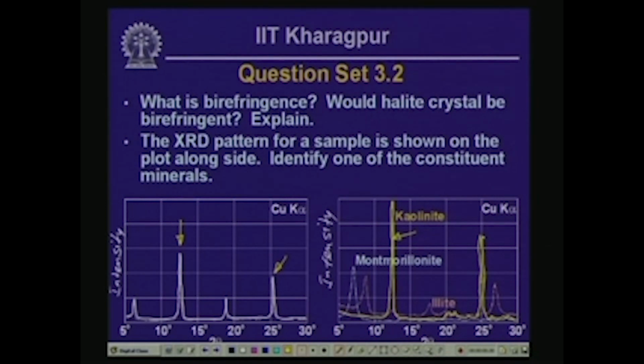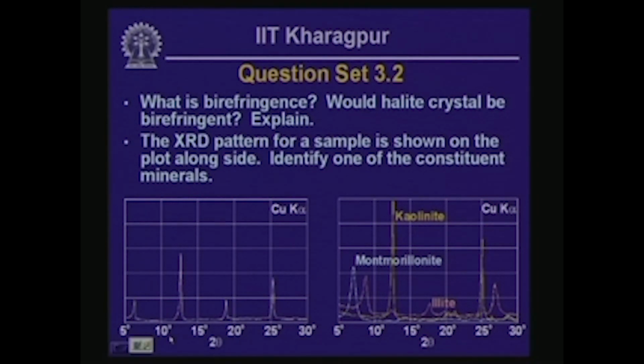For kaolinite also we have a distinct signal at 25 degree value of 2 theta. So, from this we can approximately say that one of the constituent minerals of this particular sample is kaolinite. Okay, so that takes care of the last question set.